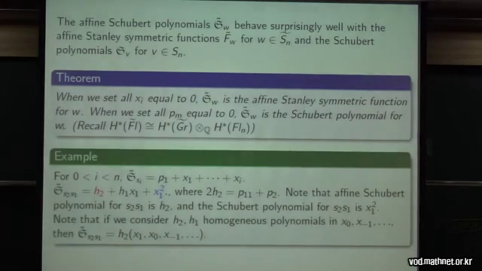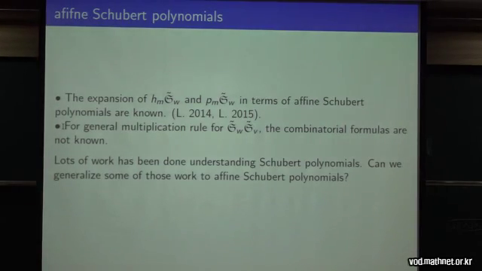These are some known results. The h_m times affine Schubert and the p_m times affine Schubert formulas were found by myself in 2004 and 2005. General multiplication is really very hard. A lot of work has been done on Schubert polynomials since their discovery in the 1970s, nearly 40 years ago.